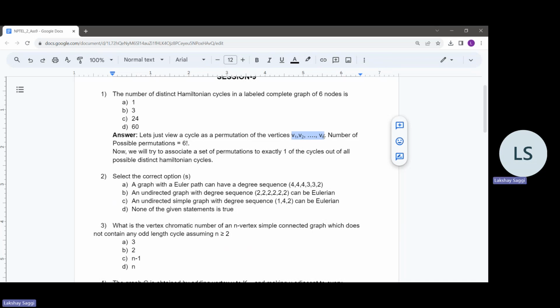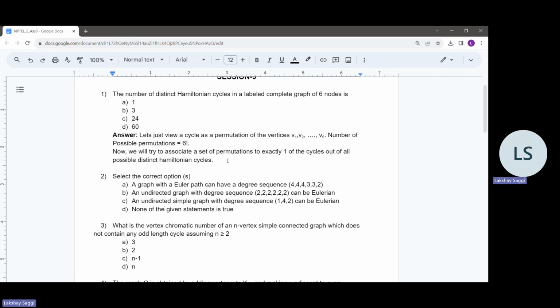We have labeled these vertices V1, V2, V3 up to V6. This permutation will correspond to one Hamiltonian cycle in which these vertices occur in this order. Another permutation, V2, V3, V4, V5, V6, V1, will also correspond to the same cycle.